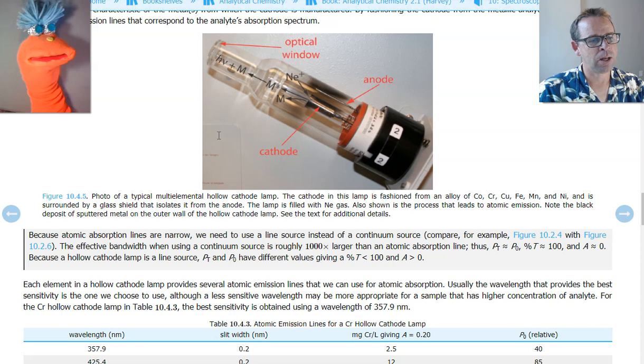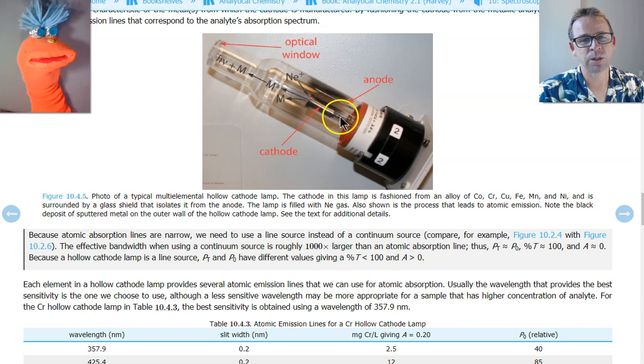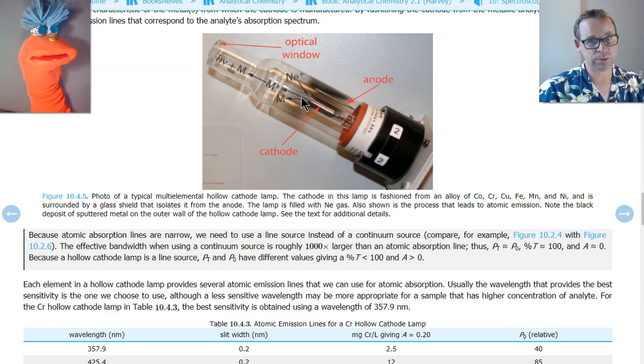Okay, so this is one of the drawbacks to atomic absorption spectroscopy, is the bulbs have to be particular to the elements, because the bulb actually emits a wavelength of light particular to that element, and then the flame interferes with that particular wavelength, and the degree of interference gives you your signal.